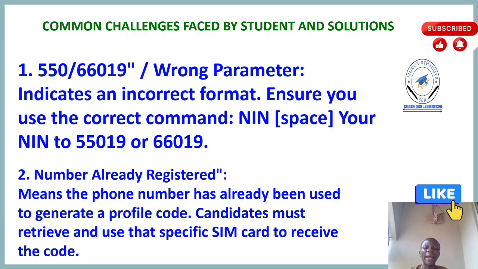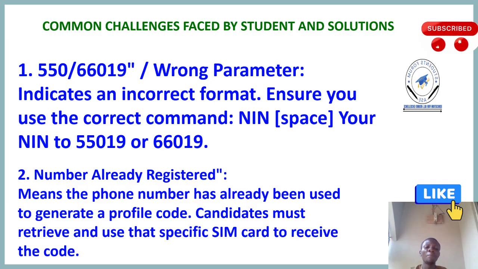So you ensure you use the correct command like 5501 or 6001, and not a single 5 or a single 6. You make sure you enter the correct thing, and then you leave one space after your original. Make sure you leave a space to avoid any form of wrong parameters.